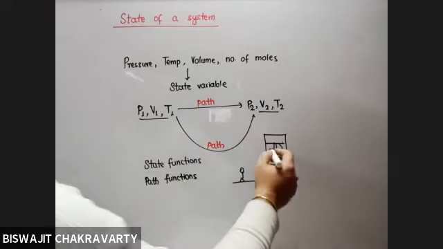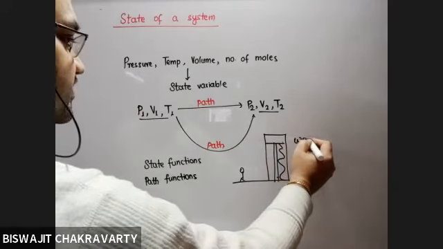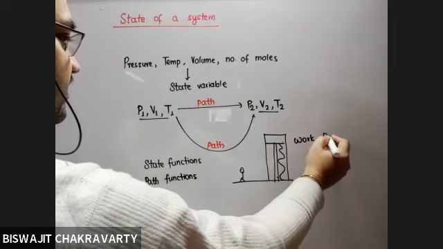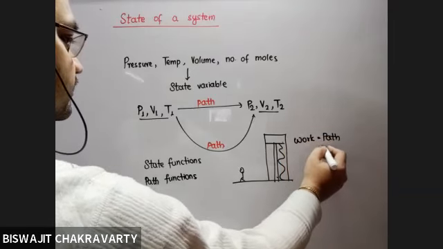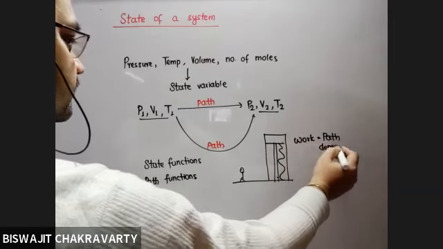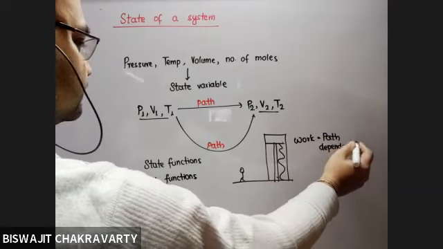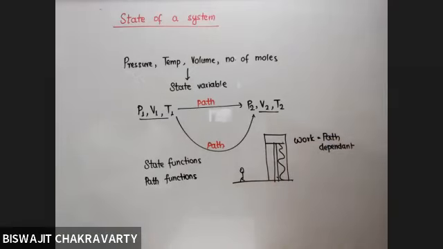So we can say that the work done by this person is path dependent. If he takes the staircase, he will be performing more work. If he takes the lift, he will be performing less work. Therefore, the work done by the person will be path dependent.